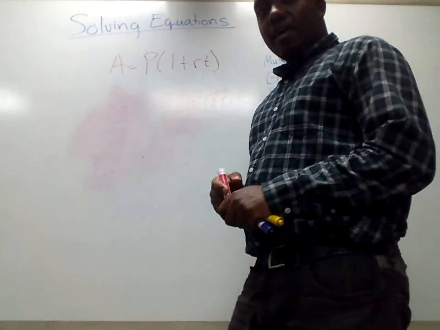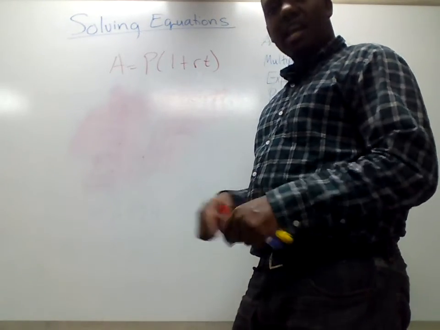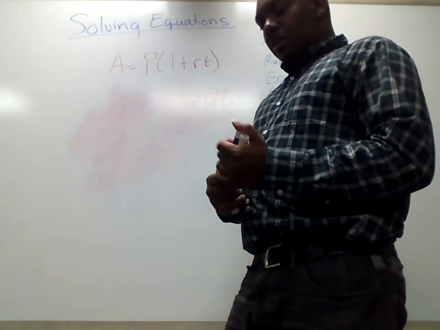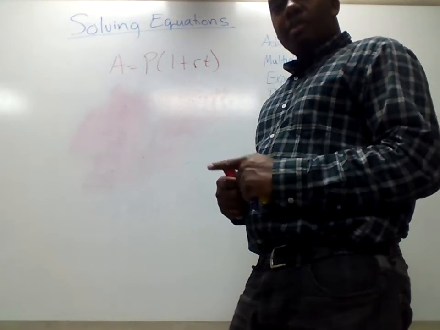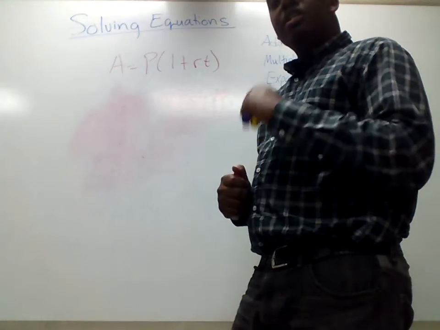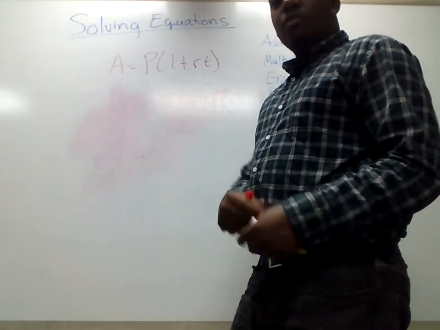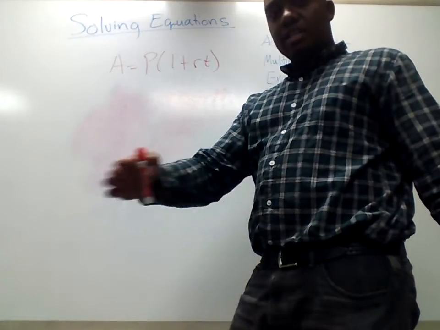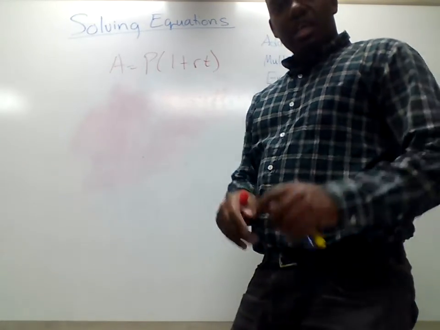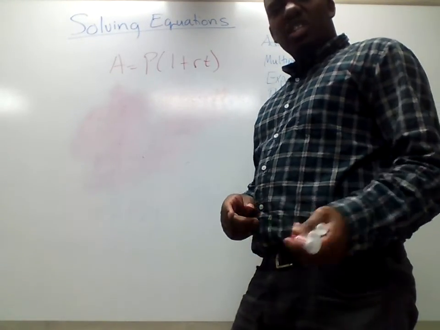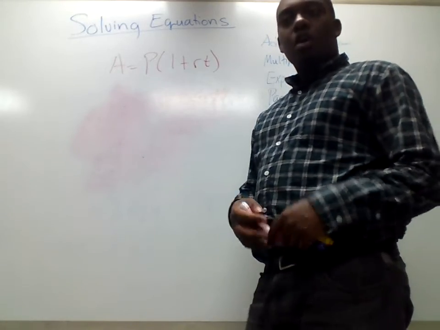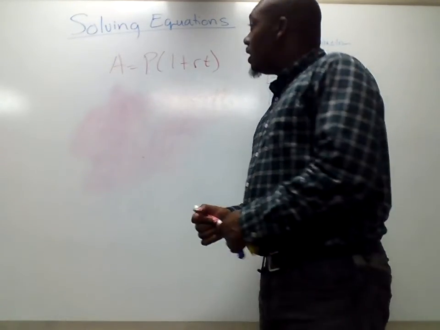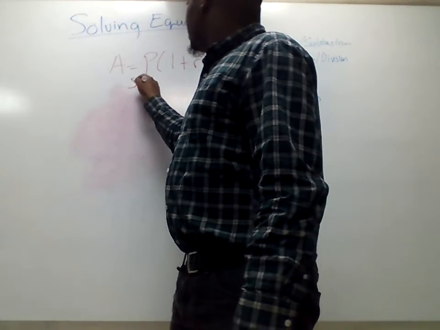Well, let's say I have a couple of different people saying, you can put in this principal amount and we guarantee you get this amount of money. And we have all these different interest rates from different companies. You can invest in any one of them, and you just want to see which interest rate you should possibly go for. So we want to solve for R in this case.